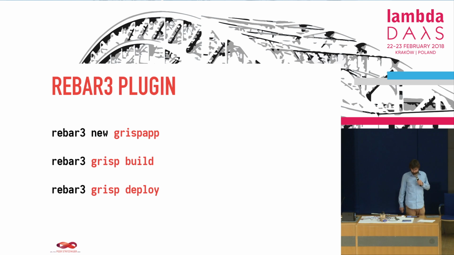The tooling makes it very easy to deploy your own application. We have created a Rebar 3 plugin. There's a template which you can just use by calling rebar3 new grisp_app. It will build a directory structure for you, everything you need, and it will place your Erlang files in there, and you can then build the application with rebar3 grisp build.